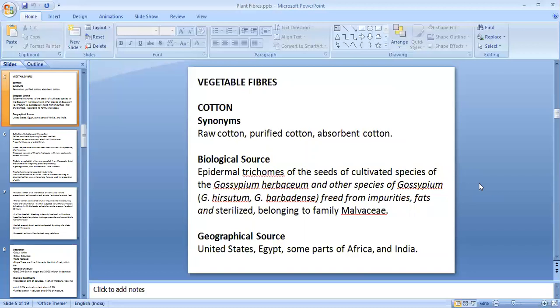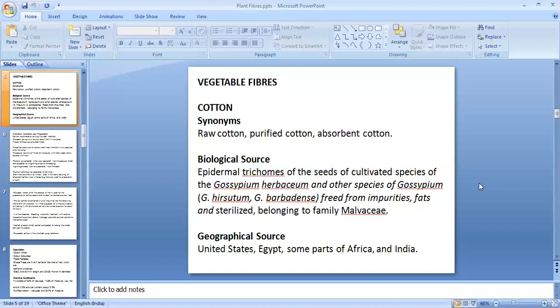Cotton is otherwise called raw cotton, purified cotton or absorbent cotton. Biological source: it consists of the epidermal trichomes of the seeds of cultivated species of Gossypium, that is Gossypium herbaceum, Gossypium hirsutum, Gossypium barbadense, belonging to the family Malvaceae.